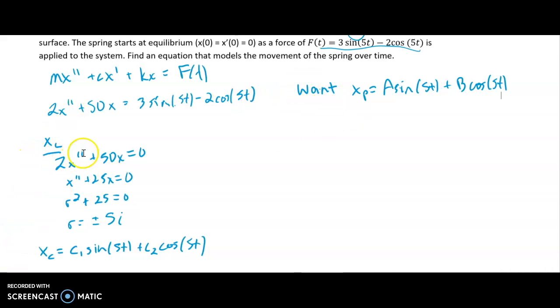I know that those run through this equation here are going to give me 0 because they're part of the solution. So instead, I tack a t onto both terms. So I take xp equal to At sine of 5t plus Bt cosine of 5t. And then from there, I can figure out what my A's and my B's are the same way we do with all of these equations.